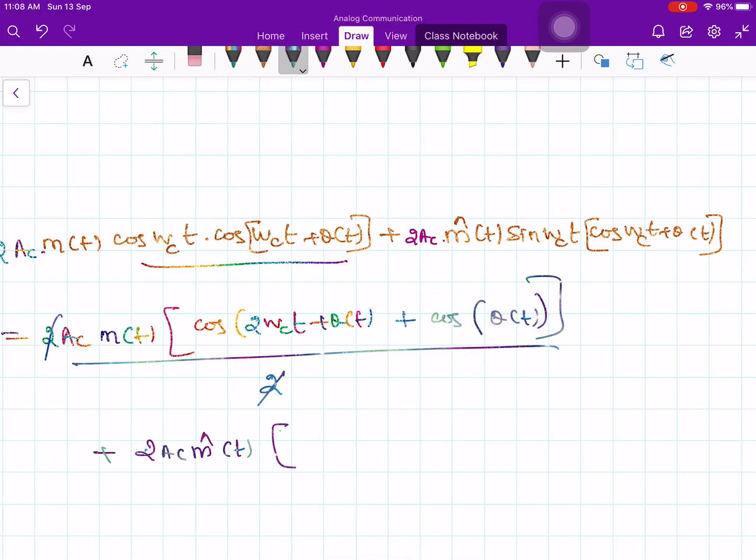Again you can use the trigonometric identities: sin A plus B plus sin A minus B. So sin of A plus B is 2 omega ct plus theta of t, and sin of A minus B is equal to theta of t.